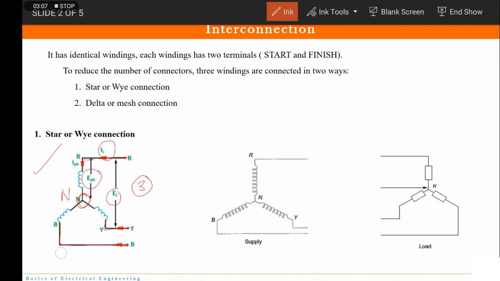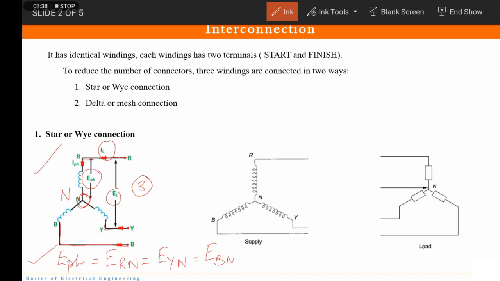So if I want to denote phase voltage here, it will be the voltage between R and neutral, that is the common point. Please understand this. Now this is a balanced load, so I would say this is equal to the other phase voltages: Y with respect to neutral, and B with respect to neutral. This is the phase voltage.